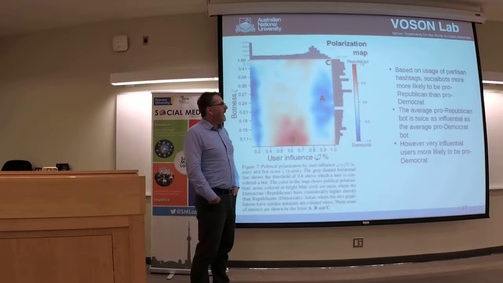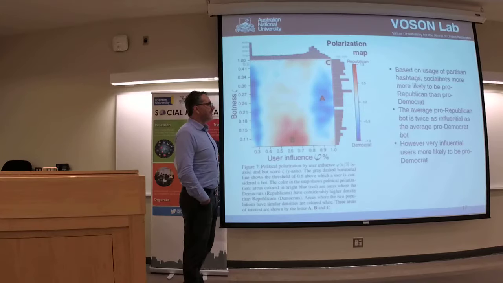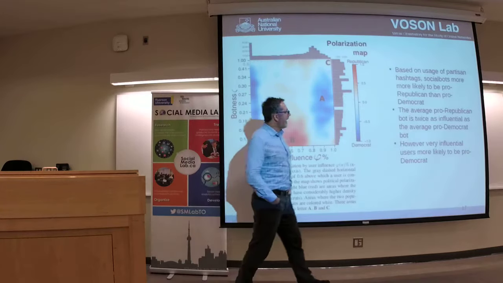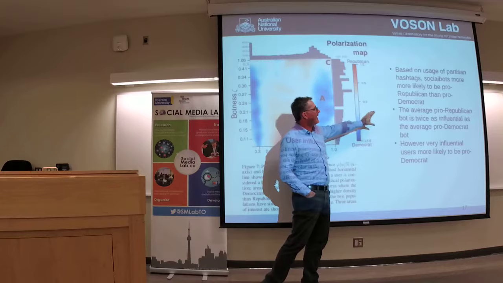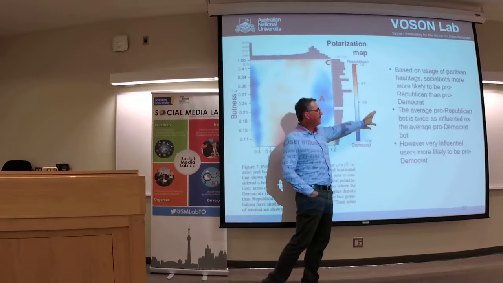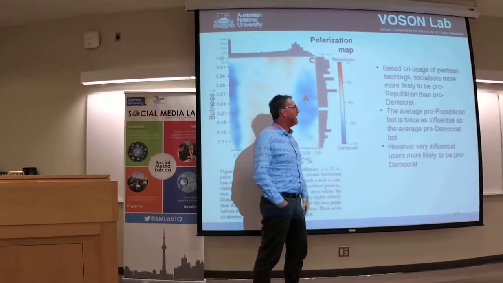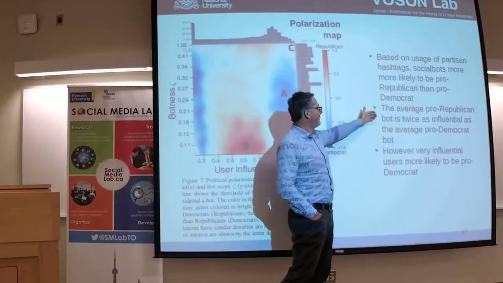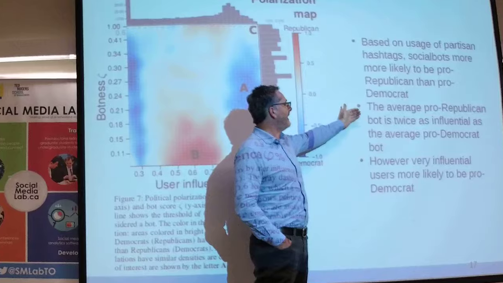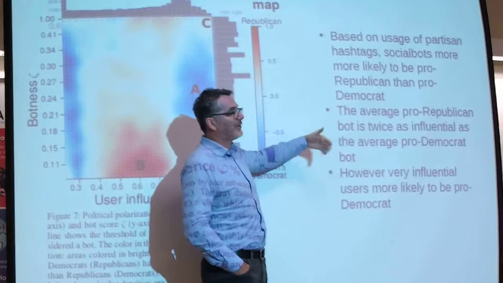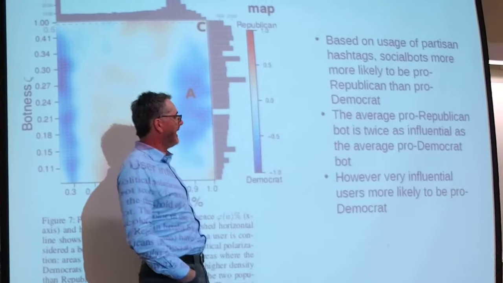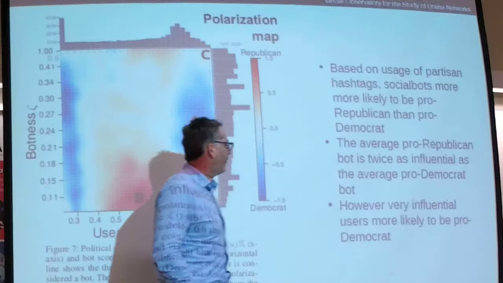When it came to the measurement of influence, there was a difference between the average influence of bots, depending on whether they were pro-Republican or pro-Democrat. The average pro-Republican bot is twice as influential in terms of contribution to information cascades than the average pro-Democrat bot.